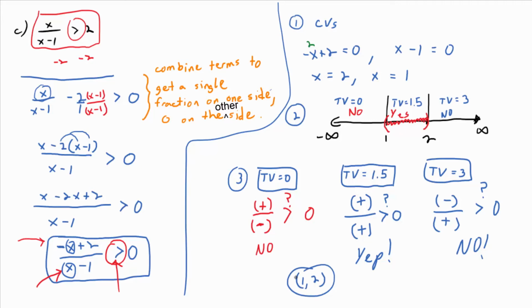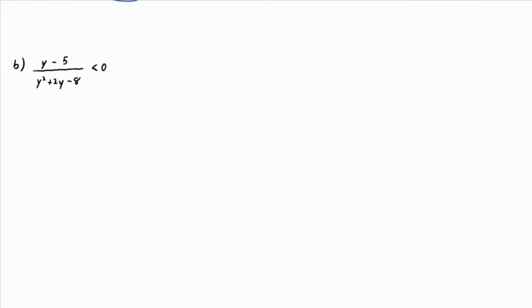Okay? Now, I didn't do example B, but I do want to mention it. It's a nice example. What do you have to be careful of when you find the critical values? It's a nice example in that it does something the other two didn't. It reminds you of something. To find the critical values, what do you have to do? Set the numerator. It's already got 0 on one side. It's already a single fraction.